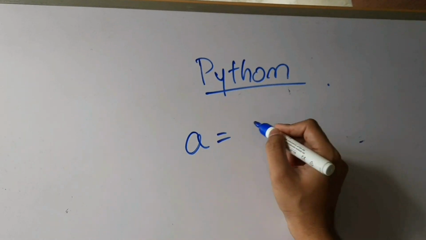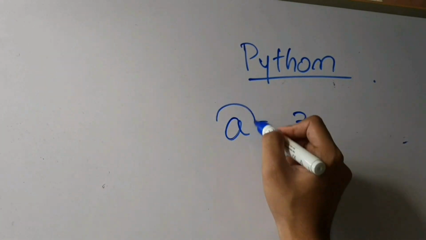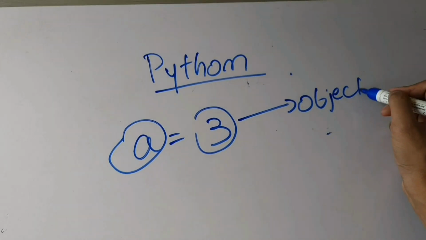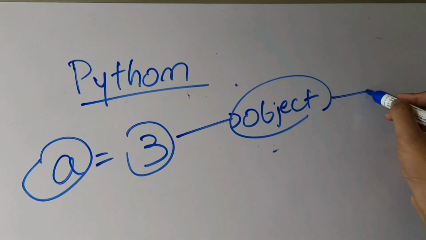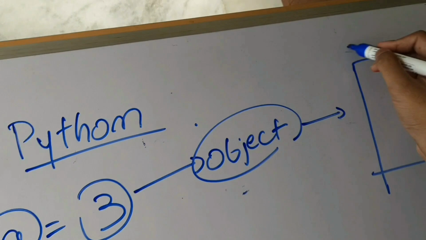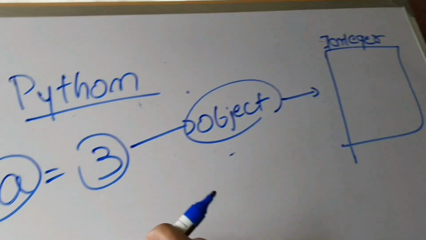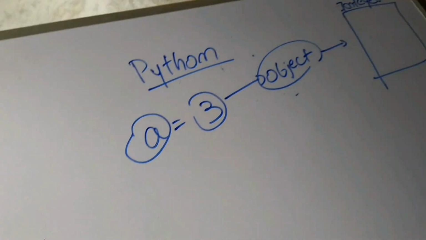Suppose I'm showing you by an example in Python. If I write a equals 3, then the variable a is assigned the object 3. 3 is an object here. This object belongs to a class of integers. 3 is not a primitive data type unlike C programming or Java.